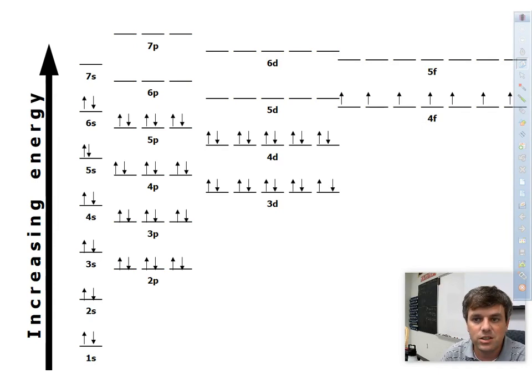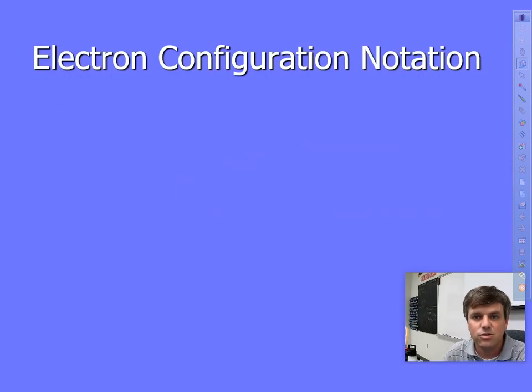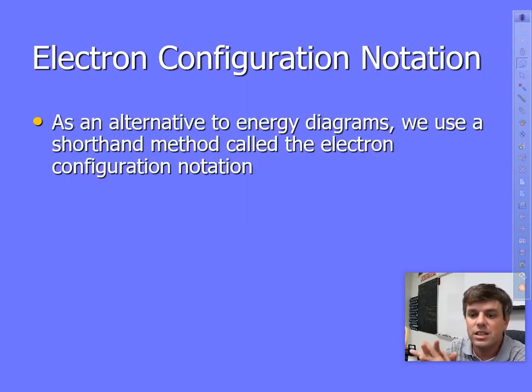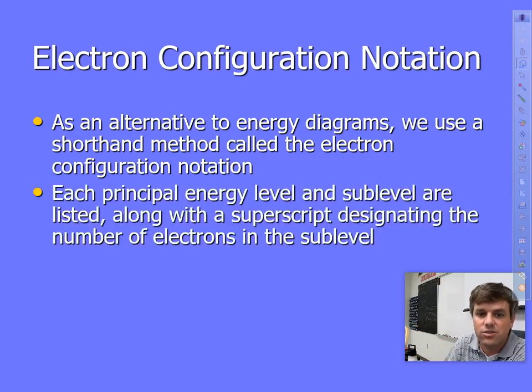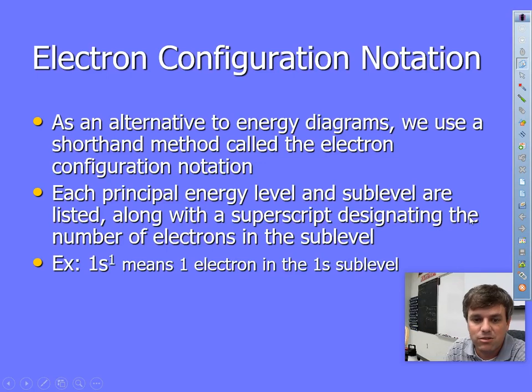write what's called electron configurations, which is going to be a representation of this diagram that you're seeing without you having to actually draw these out. So electron configuration notation is an alternative to drawing those orbital diagrams. It's a little shorthand notation where you list the energy level and sublevel, and then you use a superscript to represent how many electrons are in the sublevel.